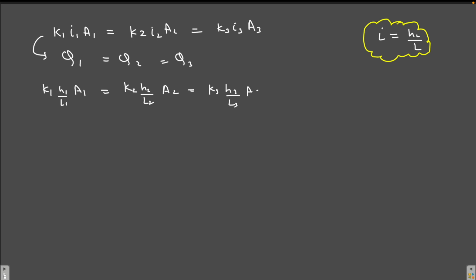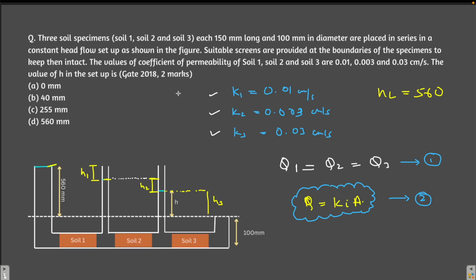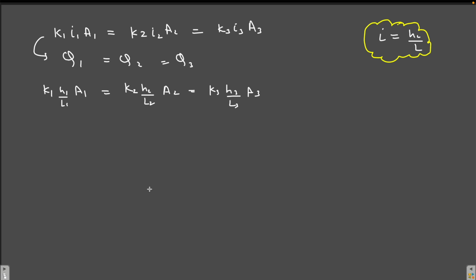Now it's given in the question that each soil has a length of 150 millimeter and 100 millimeter in diameter. So the diameter is the same for all the soils. That means the area is also the same, and the length is also the same for all three soils. So we can just omit these terms, because they are all the same.